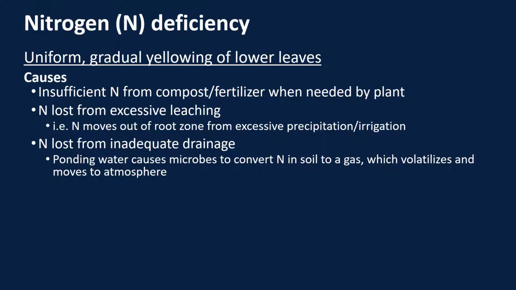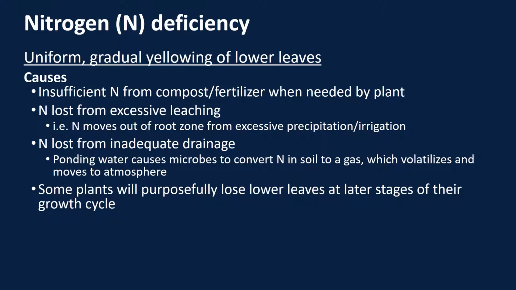And so we can lose nitrogen going down too far in the soil profile and also volatilizing it up to the atmosphere. And also, as we mentioned earlier, some plants purposely will lose their lower leaves at later stages of growth. Maybe because they don't need those lower leaves as much, because we have upper leaves that are kind of shading out the lower leaves.